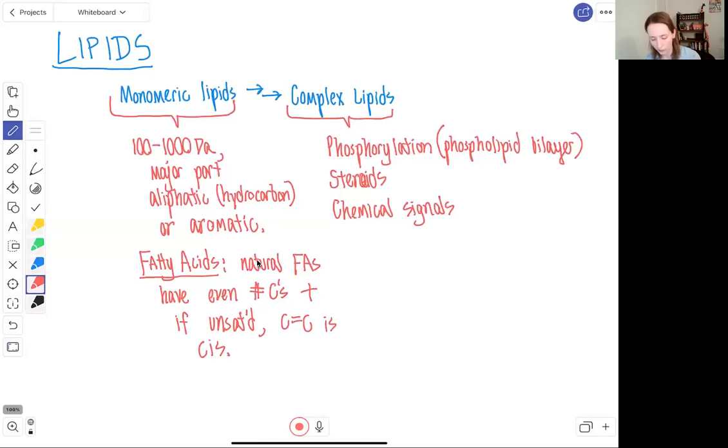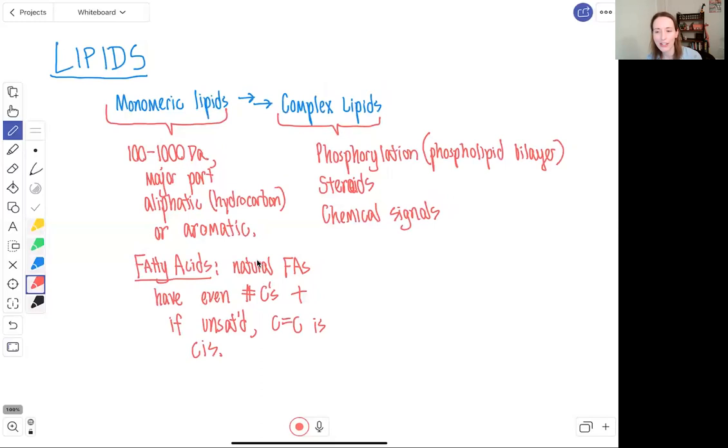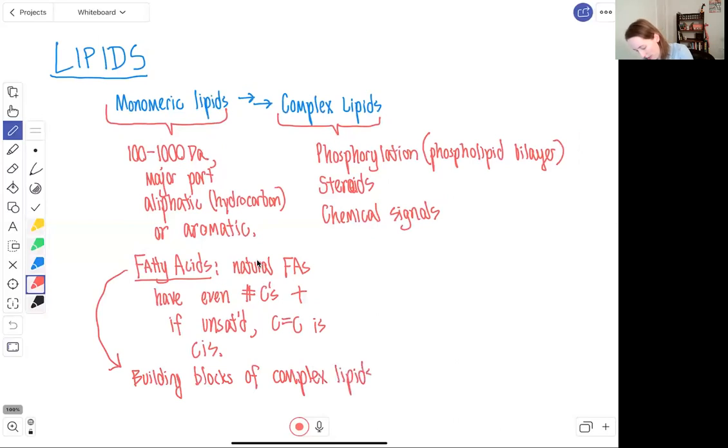So when we think about these fatty acids, these are the building blocks for a variety of different types of complex lipids, such as steroids. As the building blocks of complex lipids, it is essential that the cell has a way to store fatty acids and transport them around the cell.